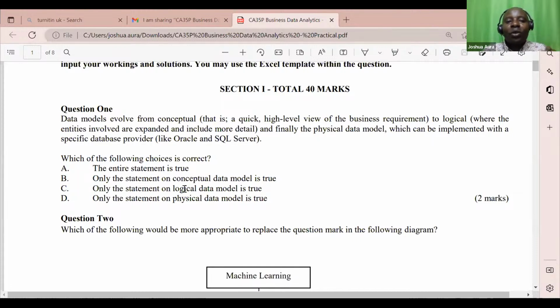C, only the statement on the logical data model is true, where the entities involved are now expanded and include more detail. Or is it D, only the statement on the physical data model is true? So which one would you have taken, ladies and gentlemen, for me to be able to mark this?